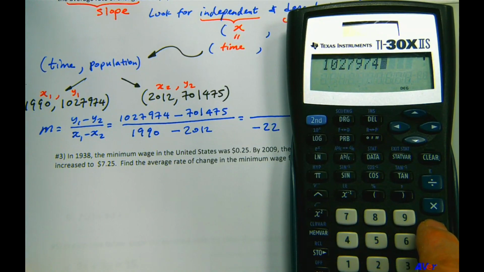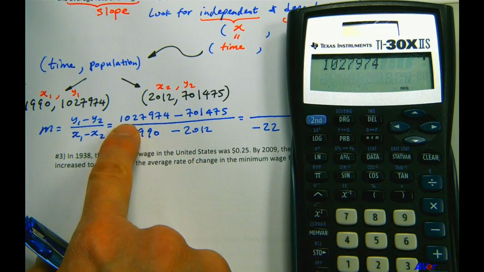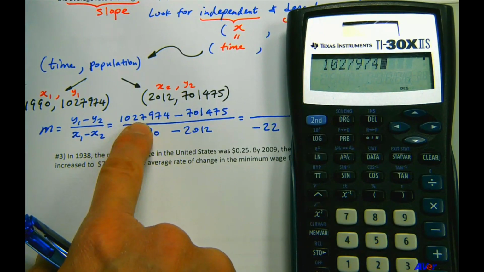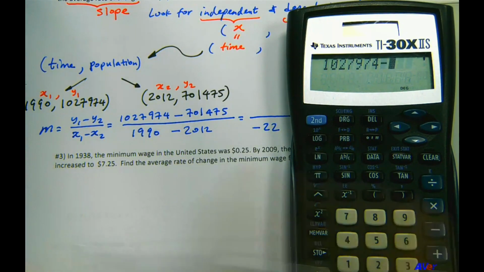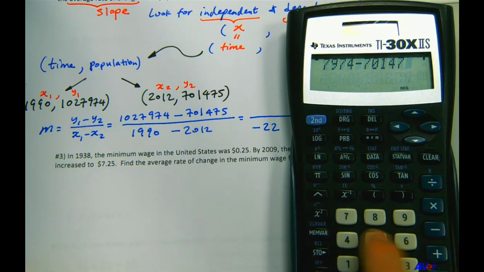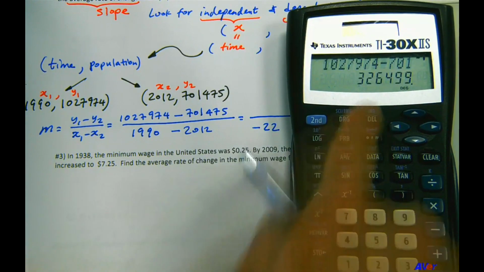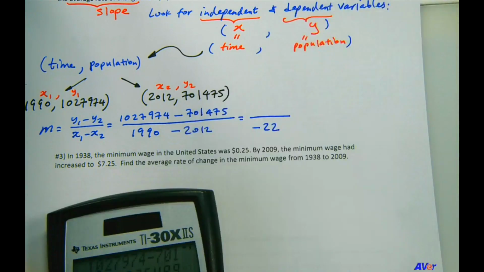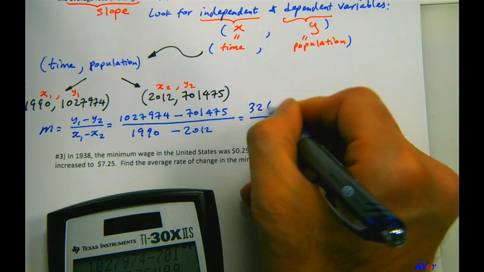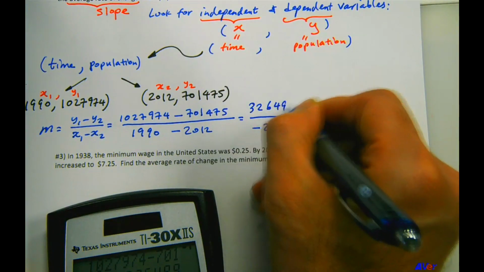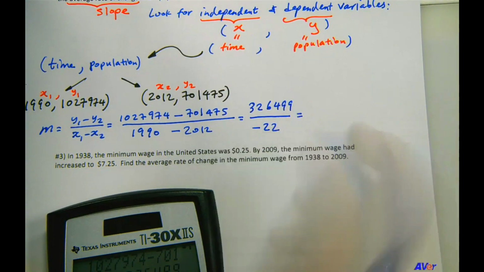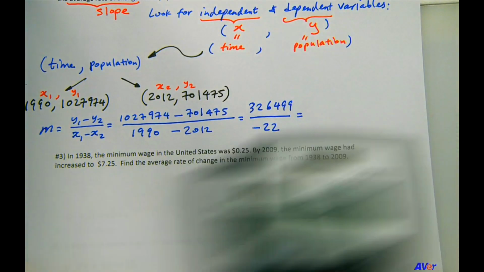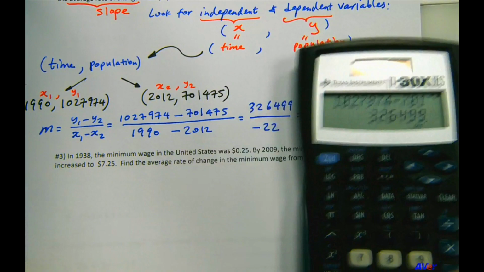I'm double checking to make sure that I entered this quantity correctly. 1,027,974, yes, minus 701,475. So that's what we have: 326,499. So let's write that down: 326,499. Let's divide that number by 22, and then we'll keep the negative next to it.